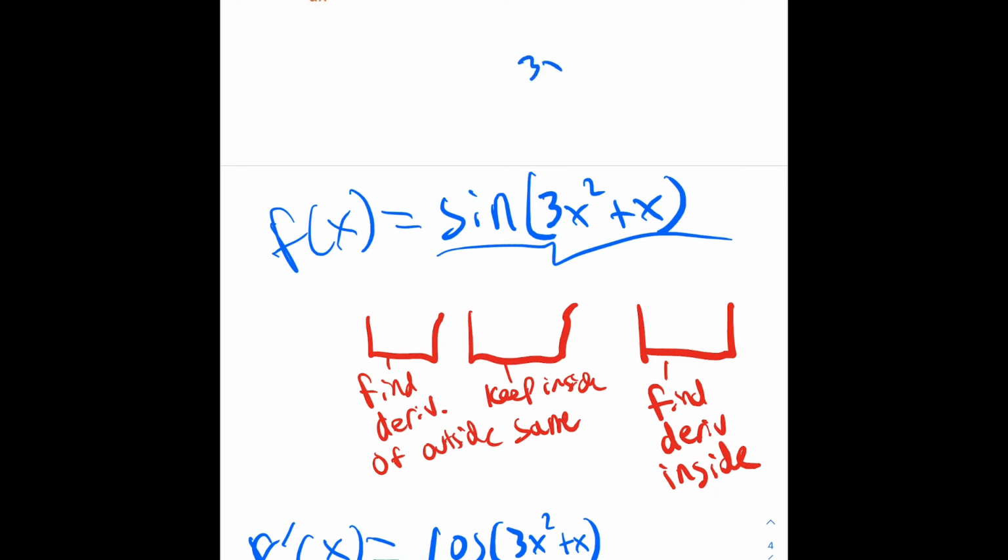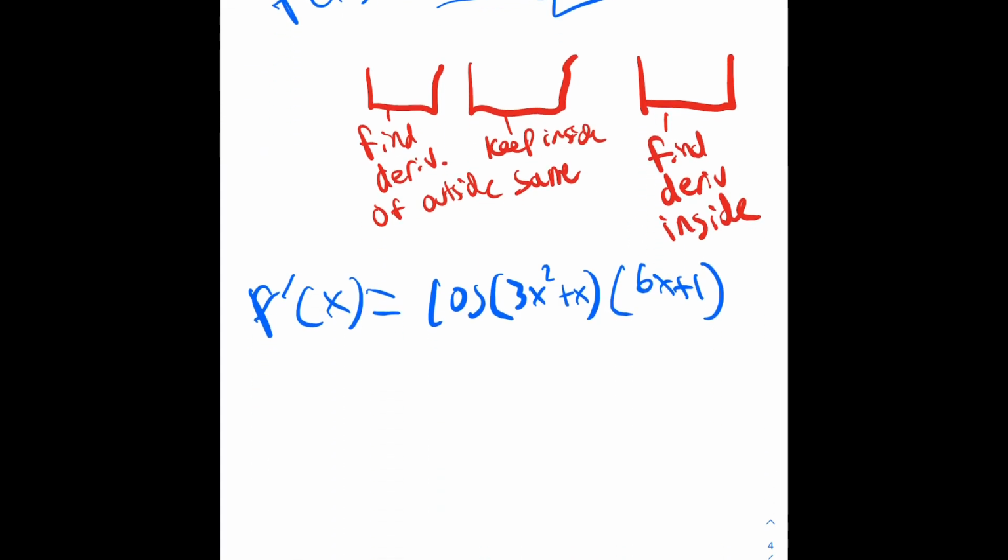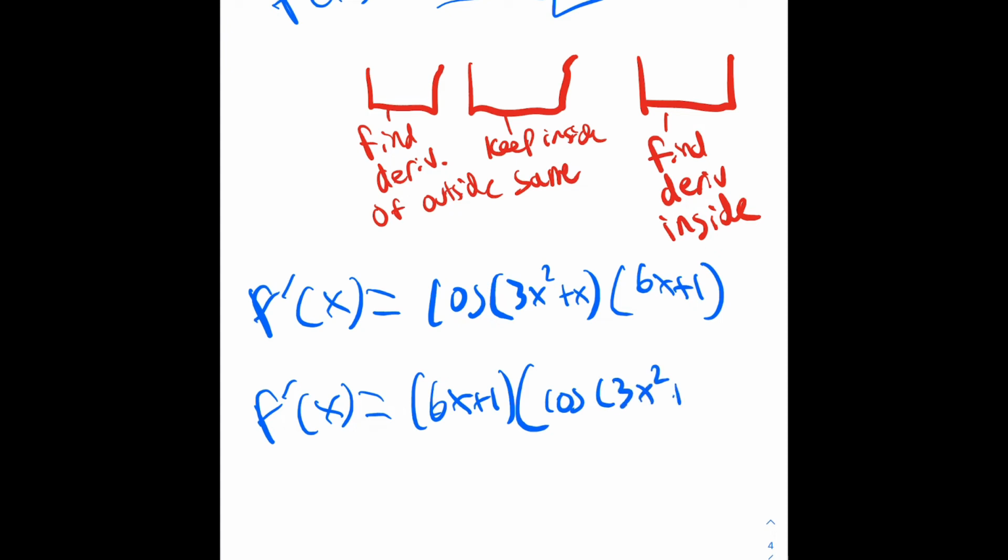If I use the power rule, the derivative of 3x squared gives me 6x, and then the derivative of x is just 1. So I'm also going to have it multiplied by 6x plus 1. We usually like to write our coefficients, or just our numbers, in front. So I would say 6x plus 1 times cosine of 3x squared plus x.